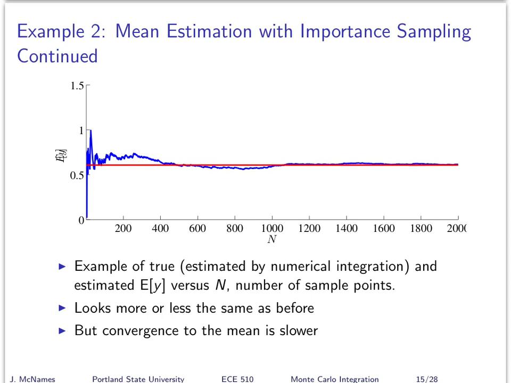So this is doing the same thing as before, except this time it's using that other approach where you're taking a weighted average with those unnormalized weights. It looks the same as the previous example, but if you think back carefully, you remember that other one pretty rapidly converged to the mean.